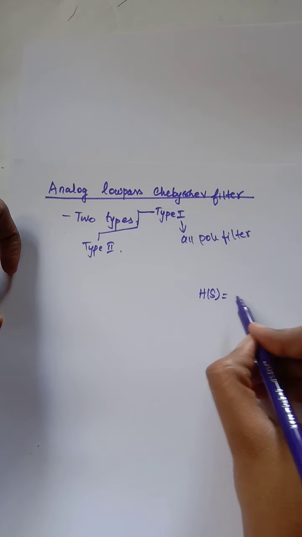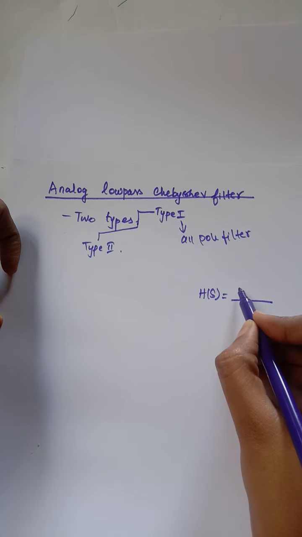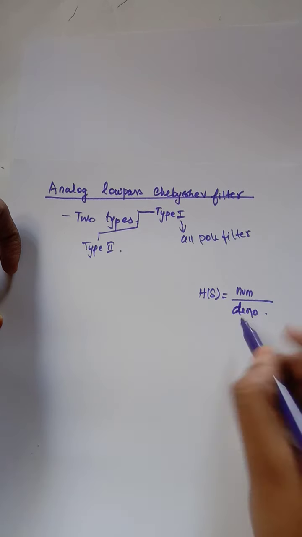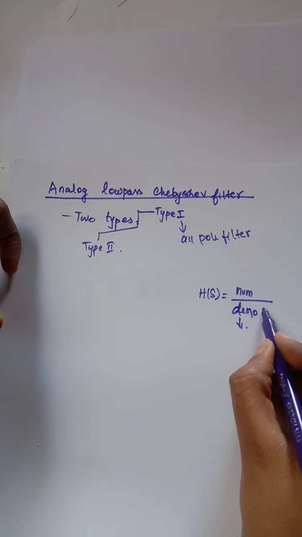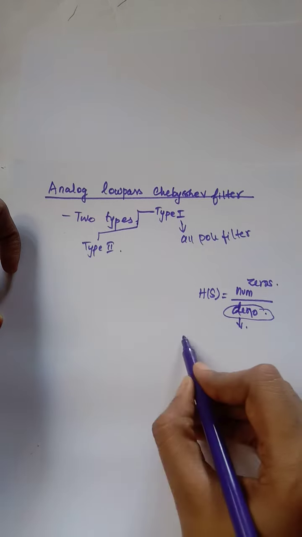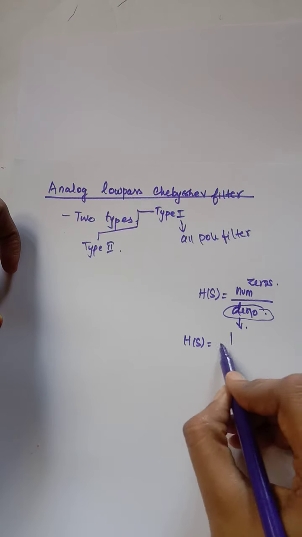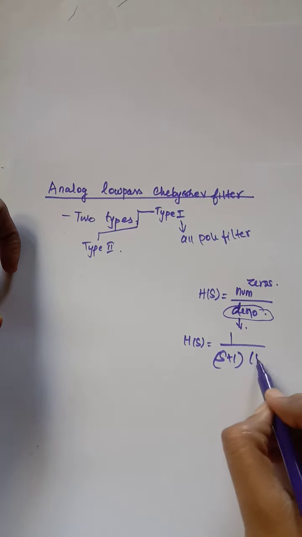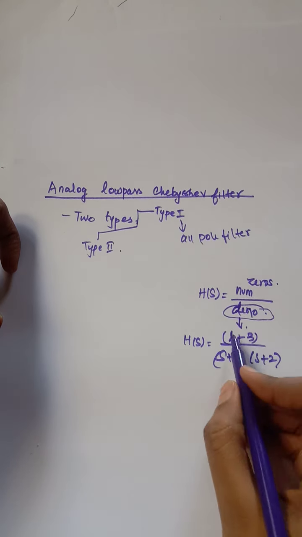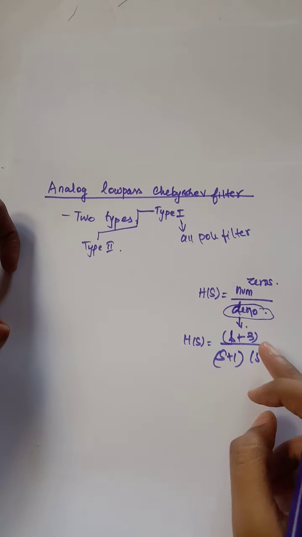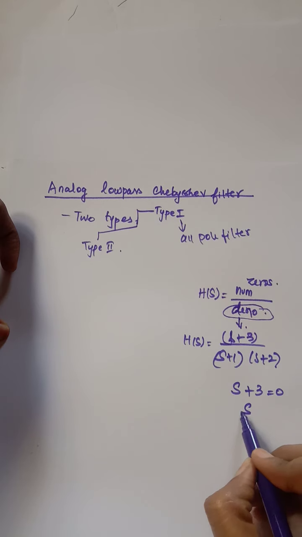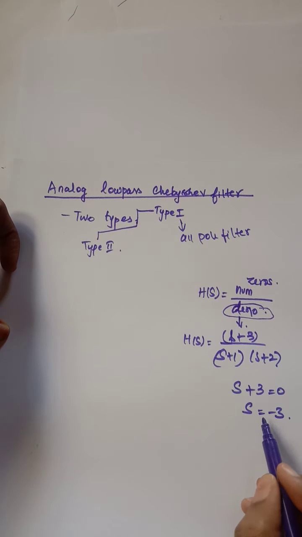In the transfer function you will have a numerator term as well as a denominator term. The poles are present in the denominator and the zeros are present in the numerator. For example, you have some function like this: s plus 1, s plus 2 in the numerator, and s plus 3 in the denominator. Here, to find the zero, we substitute s plus 3 equal to 0, and s is equal to minus 3, which represents a zero.